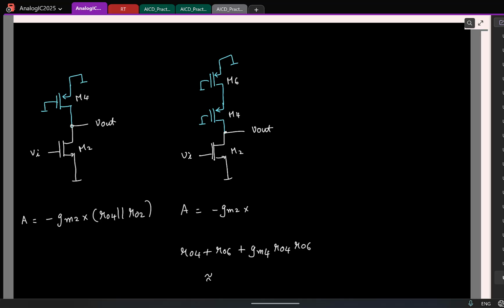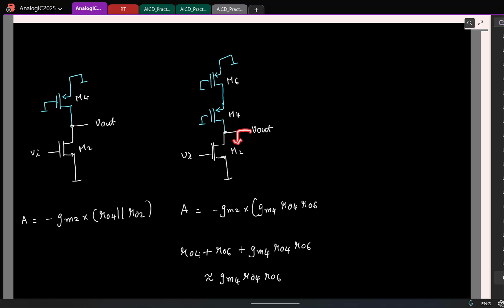How can I approximate this? Yeah, the third term is going to be much larger. Okay, is this clear? This is a cascode. I'm looking into the drain, not looking into the source. So the output resistance is GM4 R04 R06. That is the resistance looking up.